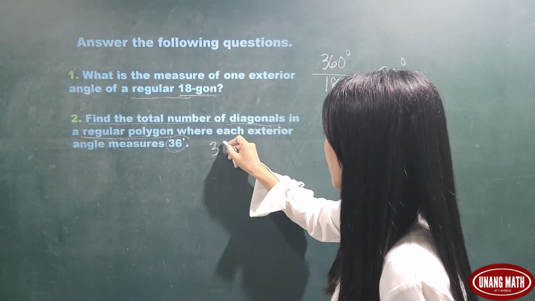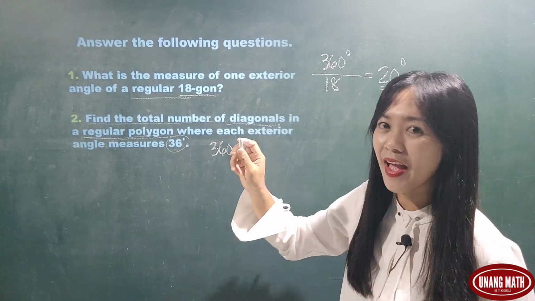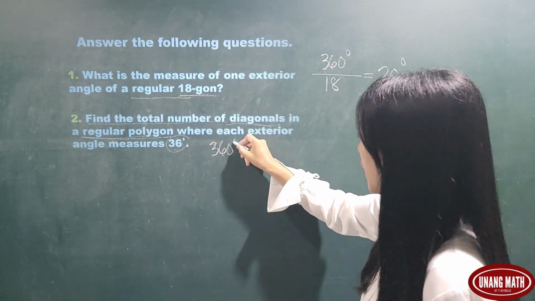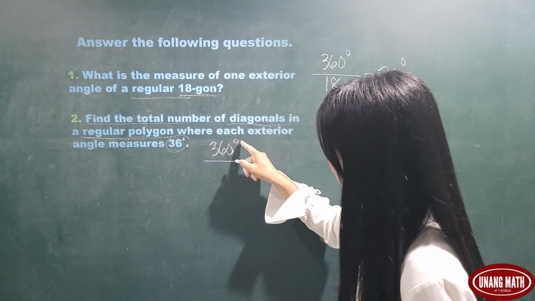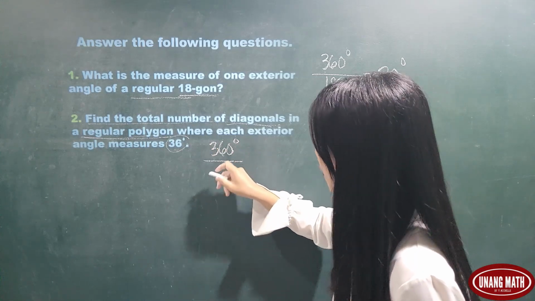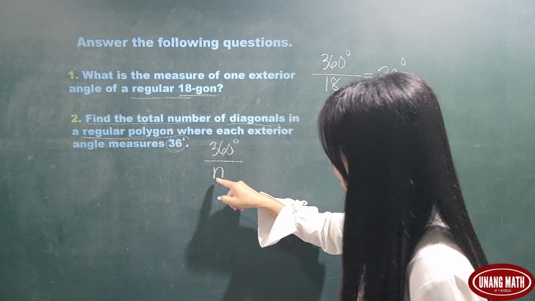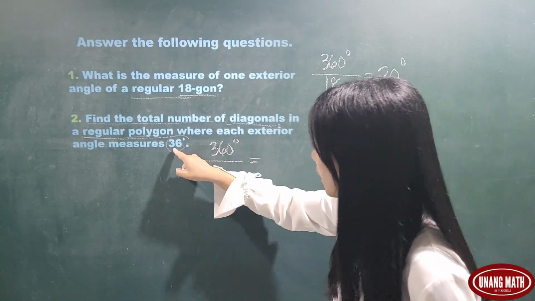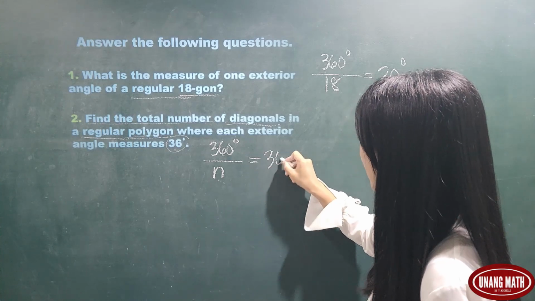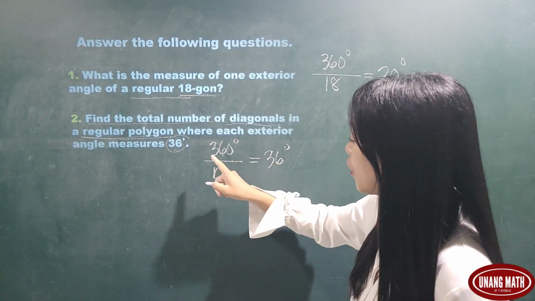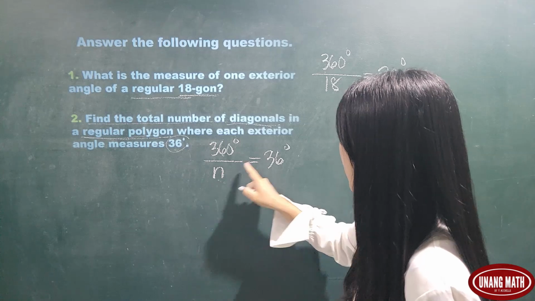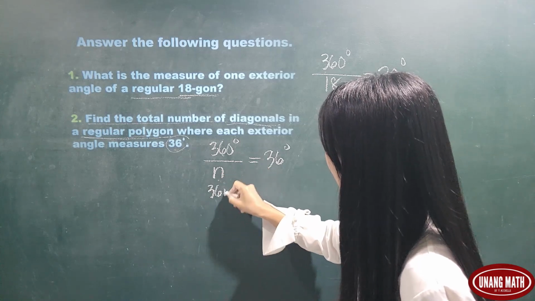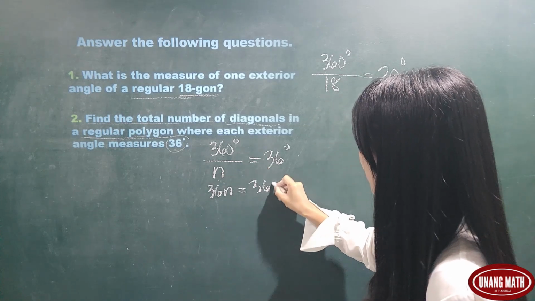So the sum of the exterior angles of any polygon is 360 degrees. So 360 degrees divided by how many vertices? We don't know actually, so divided by n. And this is equal to 36 degrees. If we simplify, 36n is equal to 360 degrees.